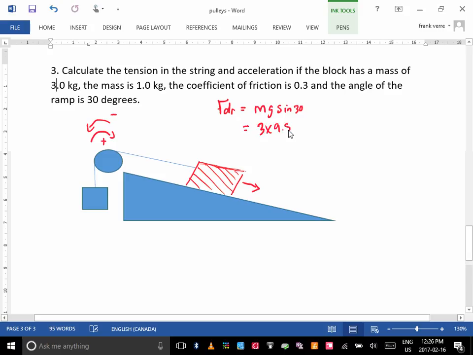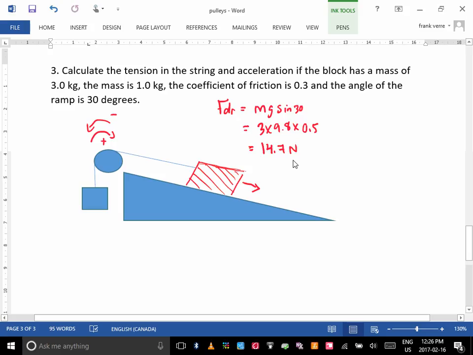G is 9.8. Sine of 30 is 0.5. So the weight is, what is that? 14.7? So it's 14.7 newtons, right?